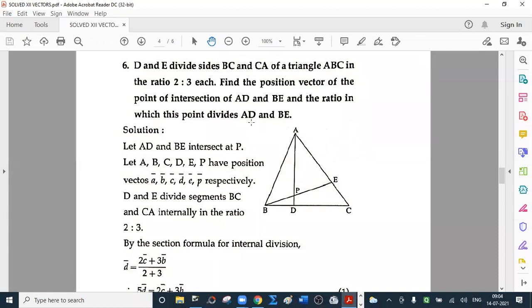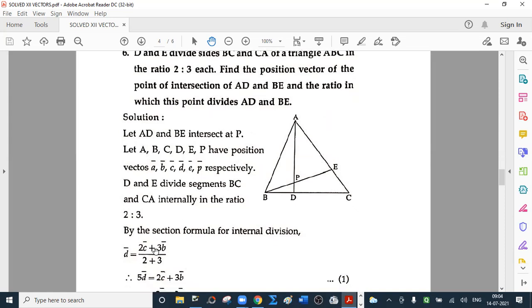See, it is clear that we must obtain an expression involving A bar, D bar, B bar and E bar. Okay. Now, let AD and BE intersect at P.